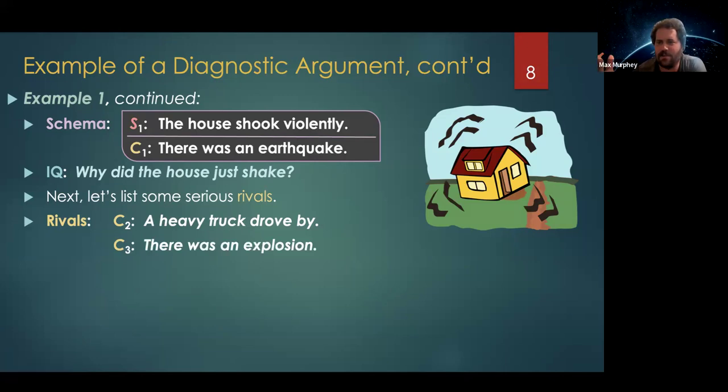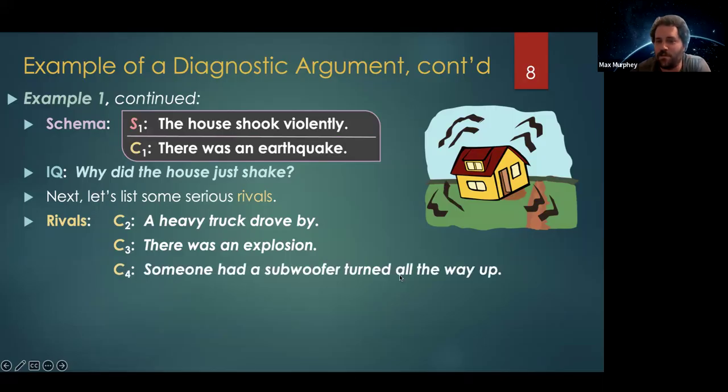Maybe I live close to a power plant and some huge transformer blew, or I don't know, right? Or maybe it was a subwoofer turned all the way up, right? So my son in his bedroom suddenly turned on some music and the volume was way up, and he's got some new speaker that plays extremely low bass notes, and that's what it was.